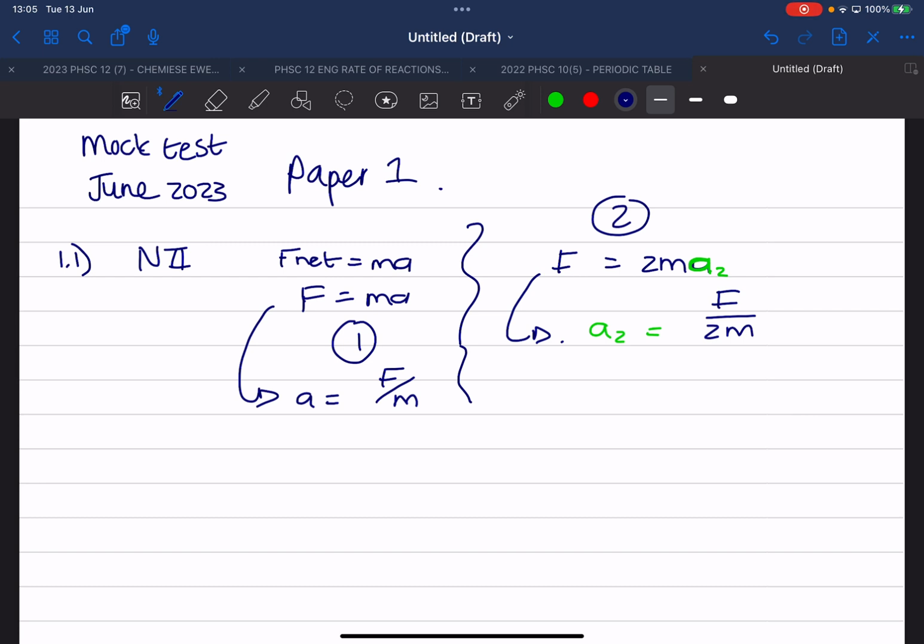Yes? Okay, of ek kan hom gaan skryf as a half F over m. Can you see that this is the same as that? Hulle is twee dieselfde goeters. So then we have the second acceleration is a half of the first acceleration. En daarom is jou antwoord B.